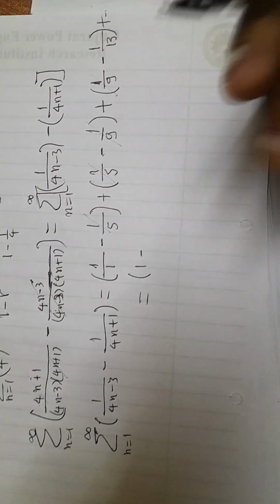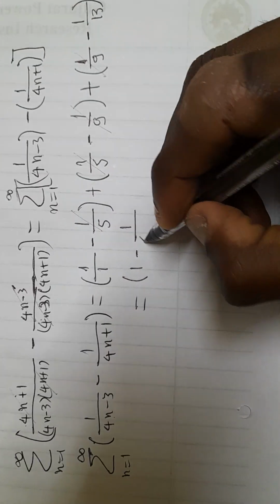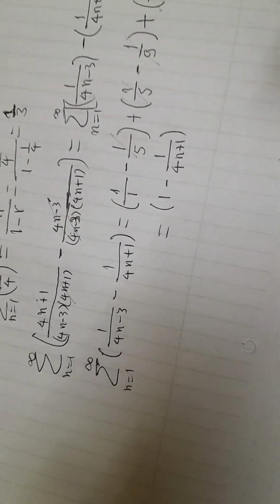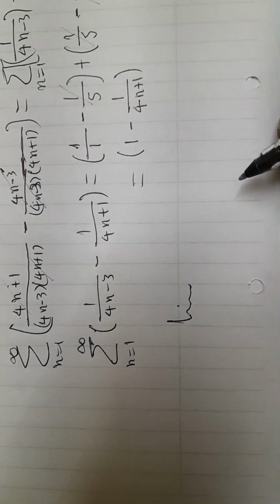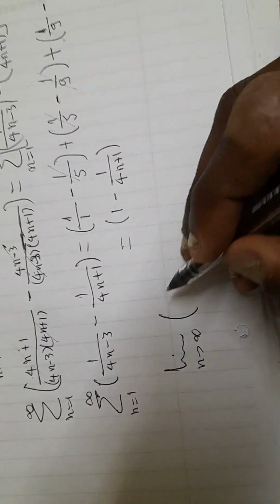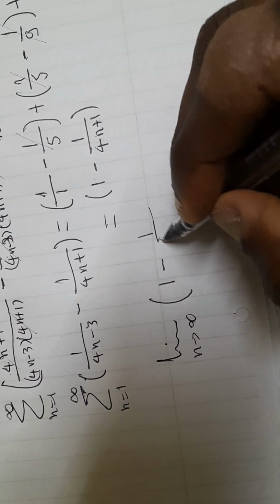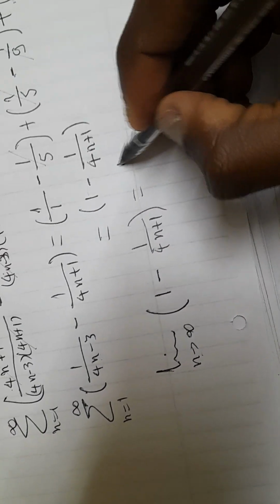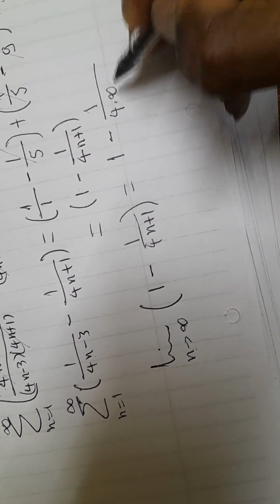So if I sum all these terms, this will be 1 minus 1 upon 4n plus 1. Now I have to find the limit when n goes to infinity for this summation. Put here infinity, this will be 1 minus 1 upon 4 times infinity plus 1. This will be 0, so this will be only 1.